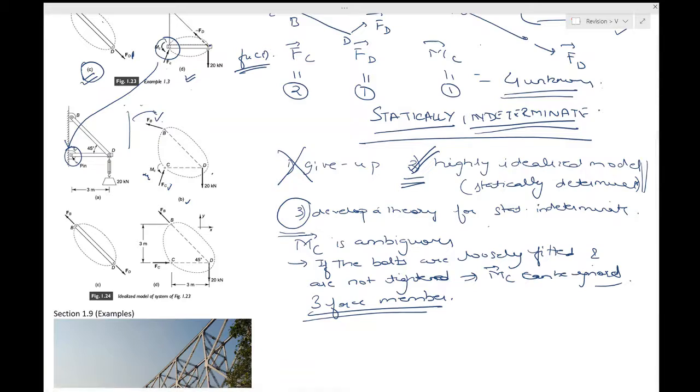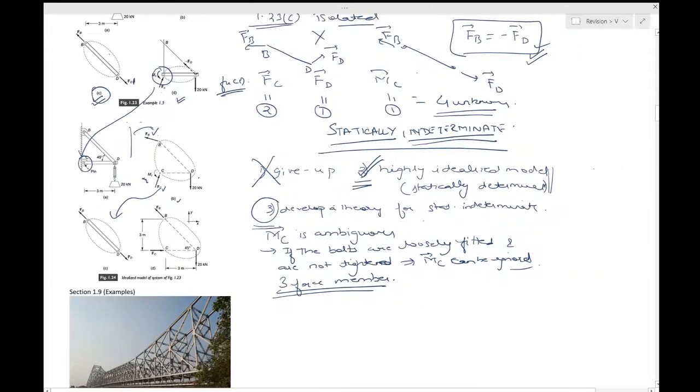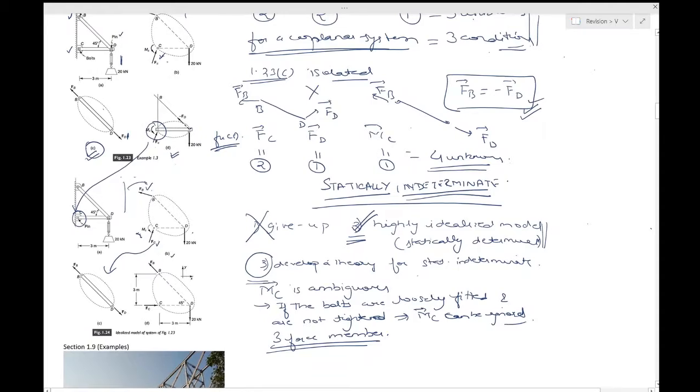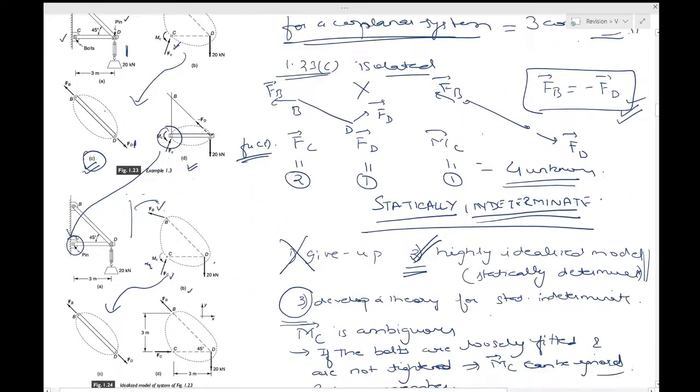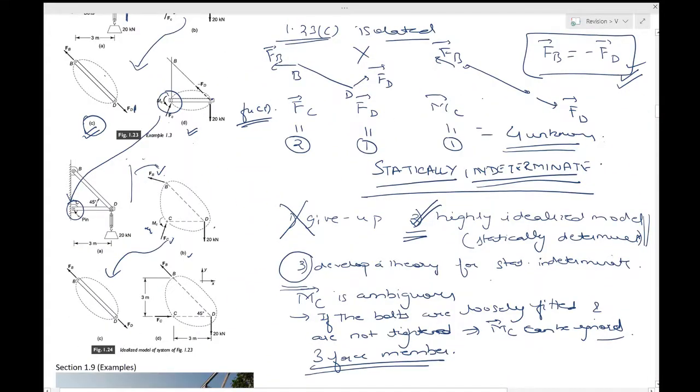Taking advantage of our previous experience with figure 1.23, we show that the free body diagram of bar BD can be written like this. Coming from here to here is the same as we had done before. We have done a 2-force member. This bar BD was taken as a 2-force member, and hence FB and FD have to follow this pattern.